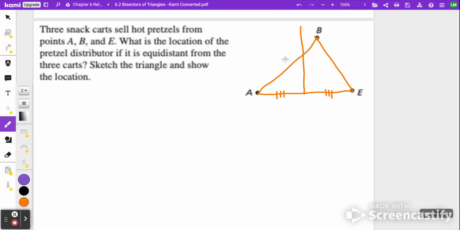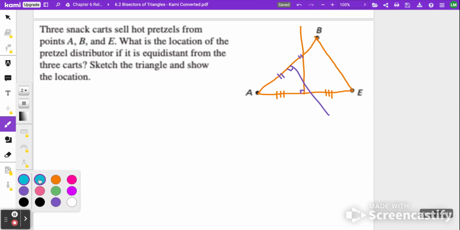So let's do A to B. Let's maybe say that that halfway point is about here. And we can mark that with 2 tick marks, and this is 2 tick marks. I'm also going to show that this is a right angle for that perpendicular bisector, and I forgot to do that here, so I'm going to also show that there.